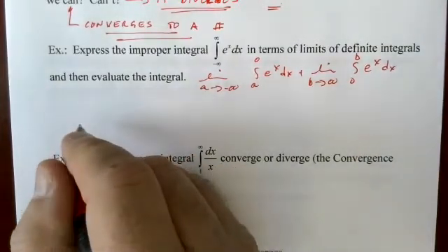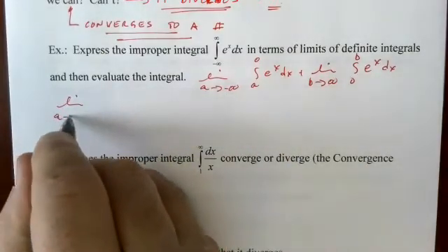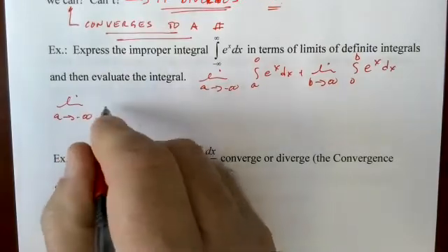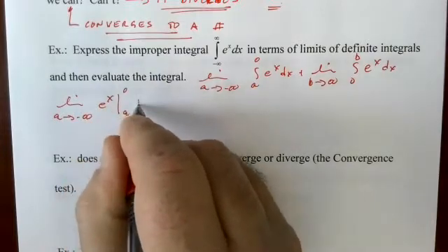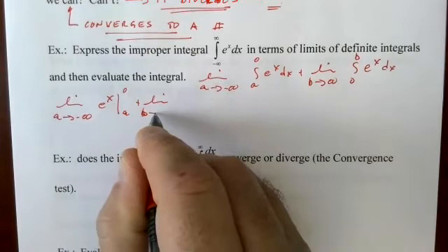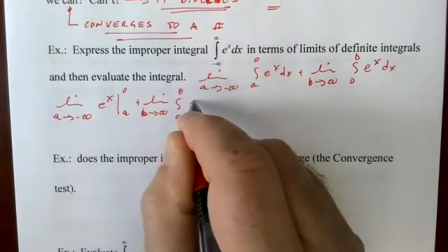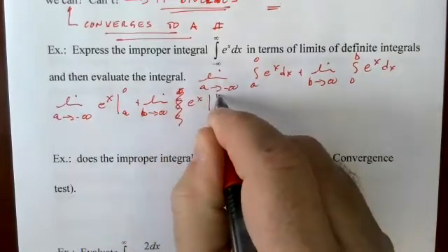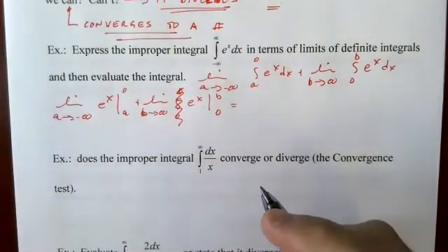So the integral of e to the x is just e to the x, but we keep the limit thing: limit as a approaches negative infinity of e to the x from a to 0, plus limit as b approaches infinity from 0 to b of e to the x. I've lost my mind. 0 to b. All right, we got problems changing color so we can see what's going on.